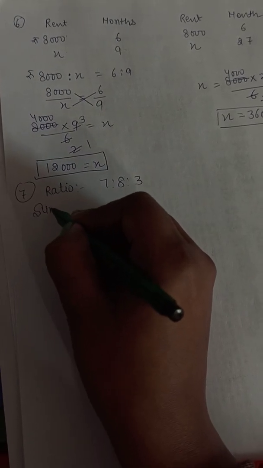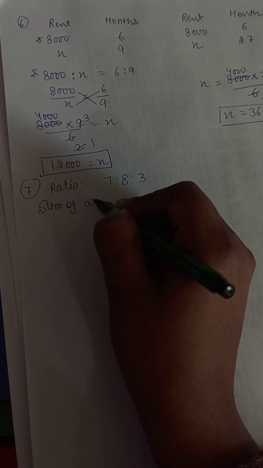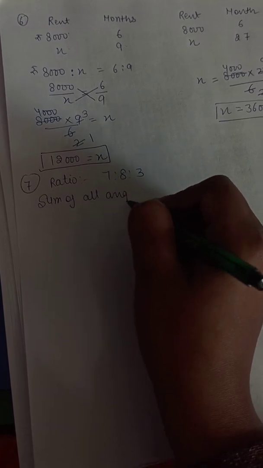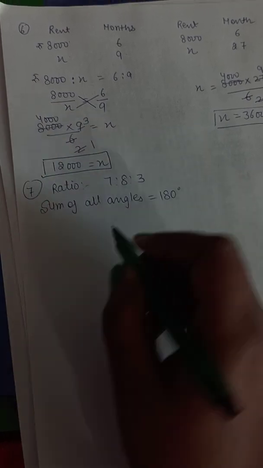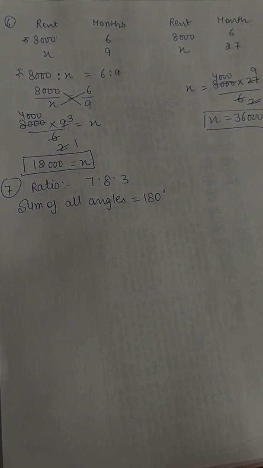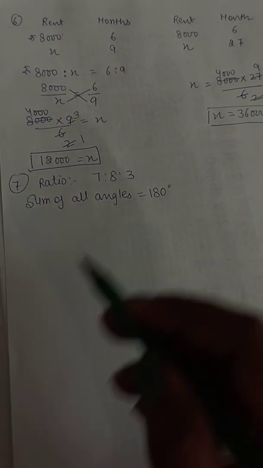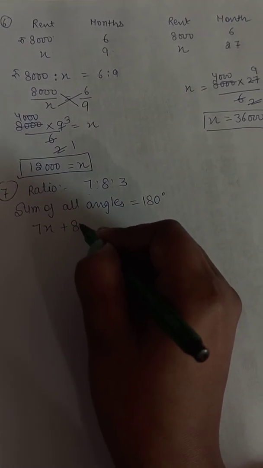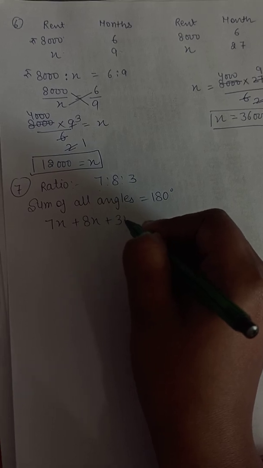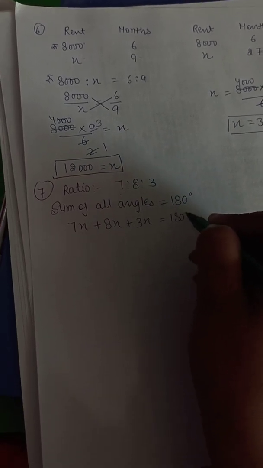So we know that sum of all angles equals to 180 degree. Sum of all the angles is 180 degree. So now 7x plus 8x plus 3x equals to 180 degree.